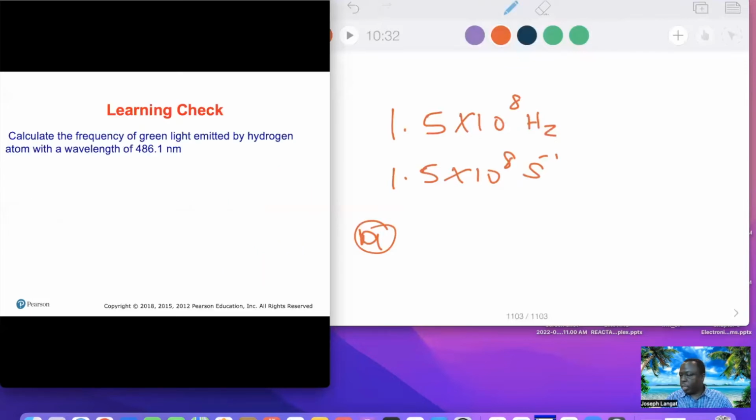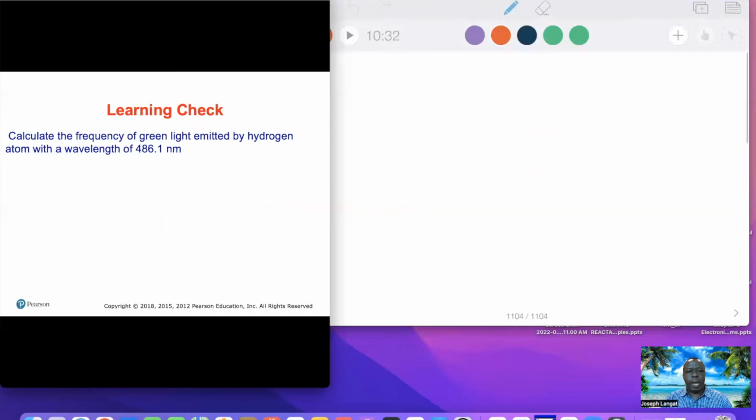All right, to use the equation we looked at earlier on, let's calculate the frequency of green light emitted by a hydrogen atom with a wavelength of 486.1 nanometers.